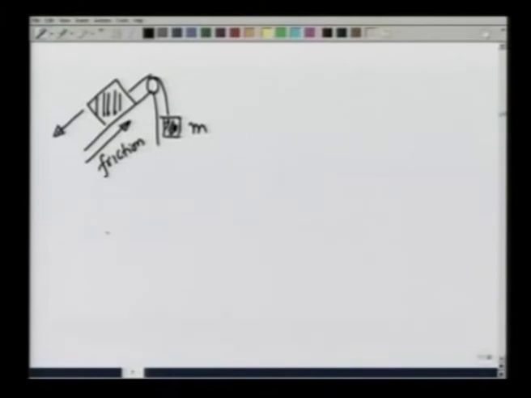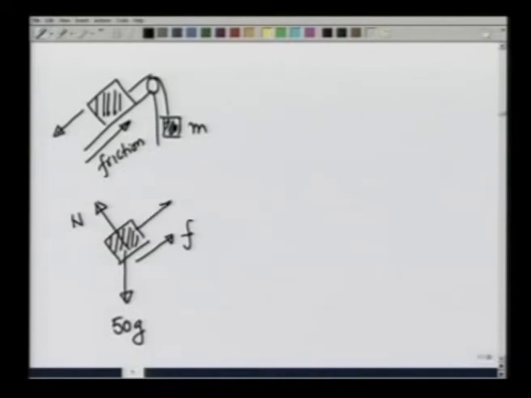Let us see how. So, this mass of 50 kg now, if I make a free body diagram, has a frictional force, let me call it small f, acting this way up the plane. There is 50 g pulling it down, there is a normal reaction N and a tension T pulling it up.